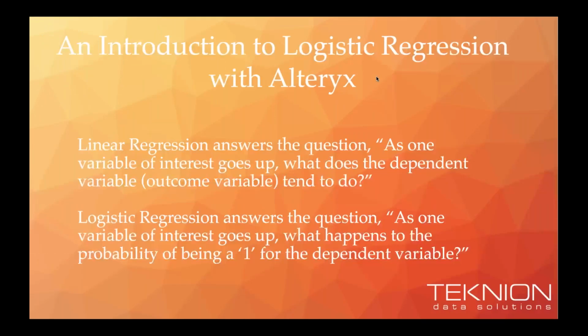Okay, so logistic regression. Let's talk a little bit about what we're doing in logistic regression. Last week we said that linear regression answers the question: as one variable of interest goes up, what does the dependent variable or the outcome variable tend to do? In the case of GPA and SAT scores, as GPA goes up, the SAT scores probably tend to go up also.